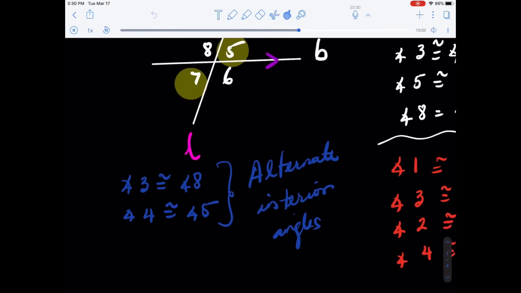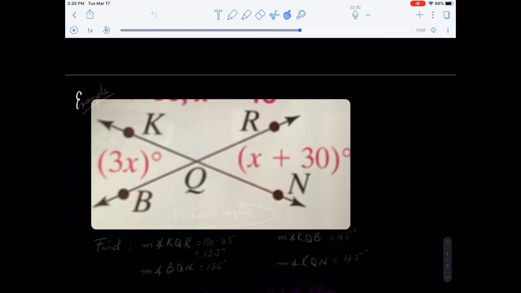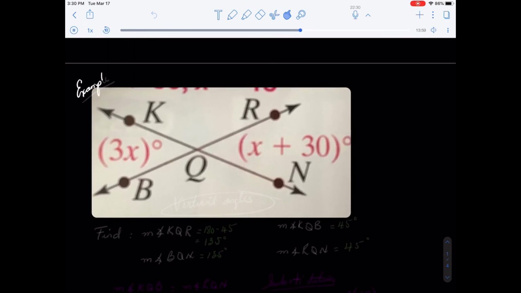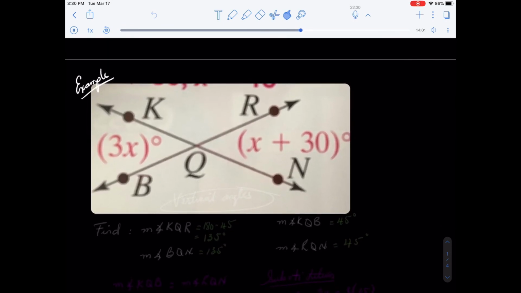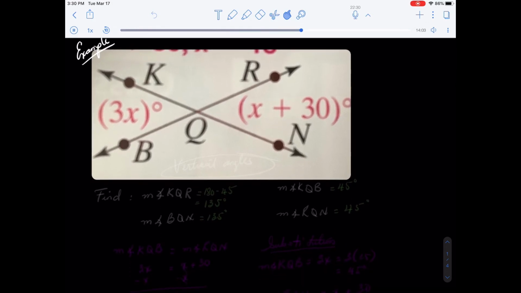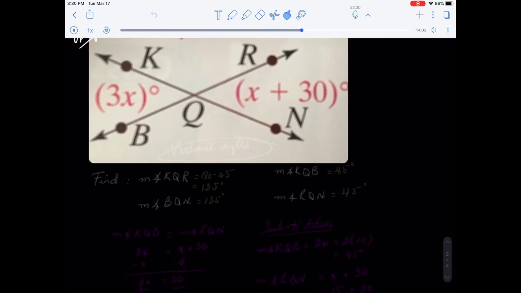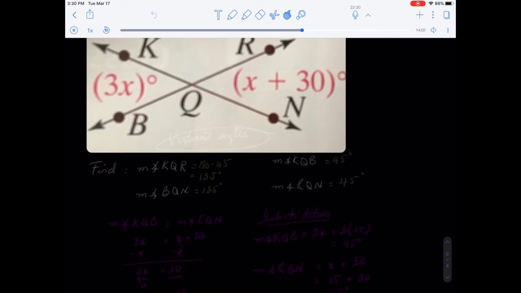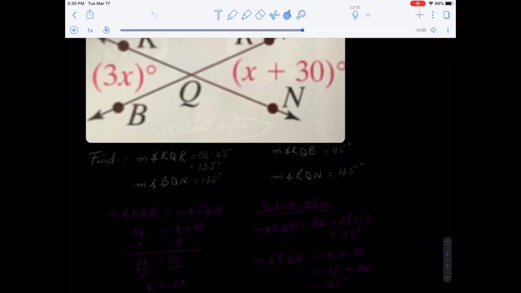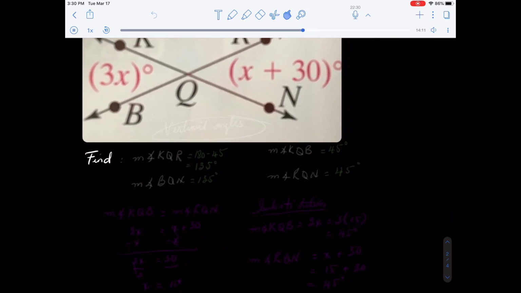Okay, let's take this example. Let's say I want you to find all the angle measurements. Remember that little m tells you the measurement of angle KQR, which is this angle right here.